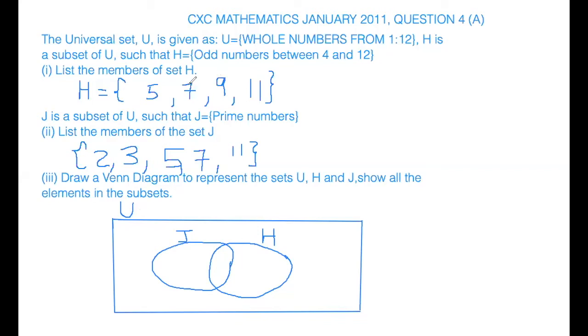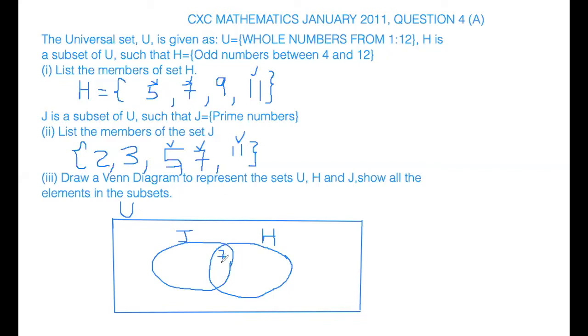Looking at this, you realize 5 is being used by both set H and set J. 7 is being used by both sets H and J, along with 11. That means 5, 7, and 11 are within the intersection.